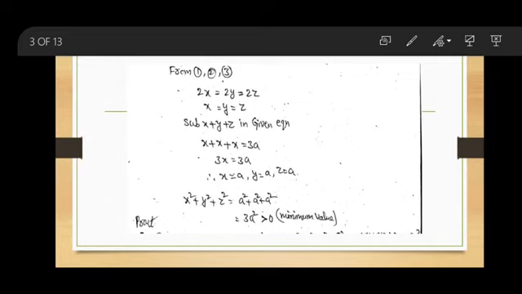Clearly 3a square is positive, since it has no minus sign. So 3a square is greater than 0, that means it is a positive value. If it has a positive value, that value will be the minimum value.